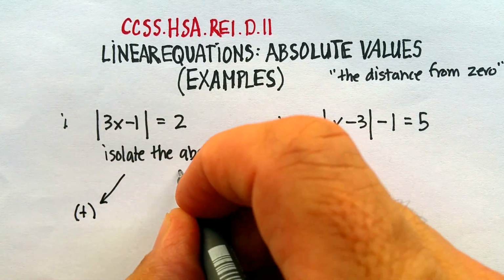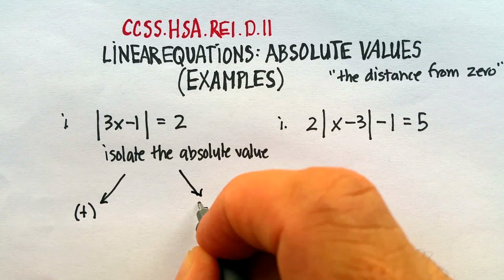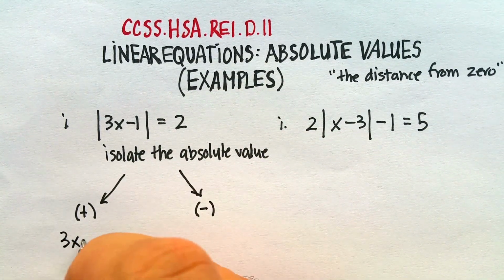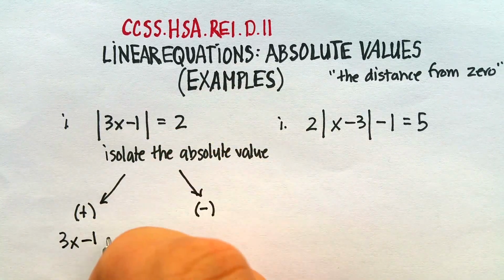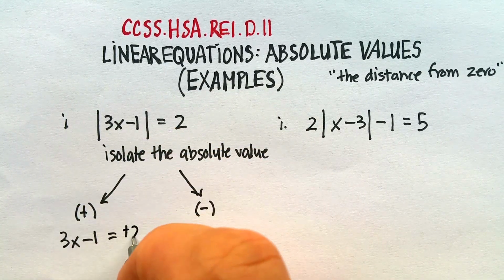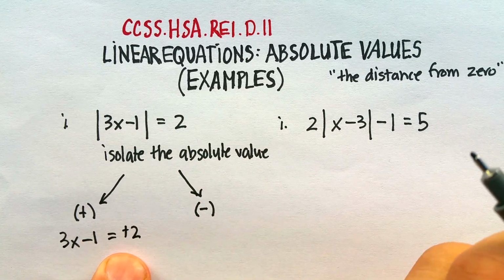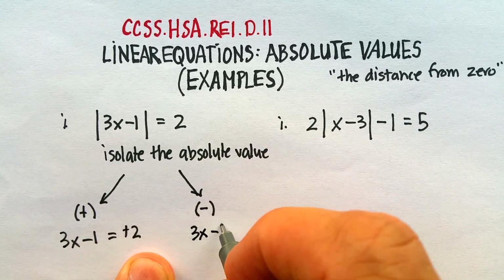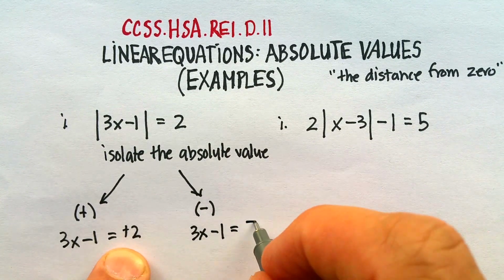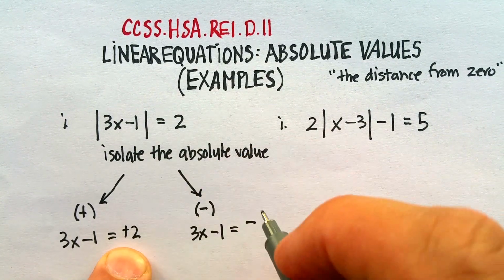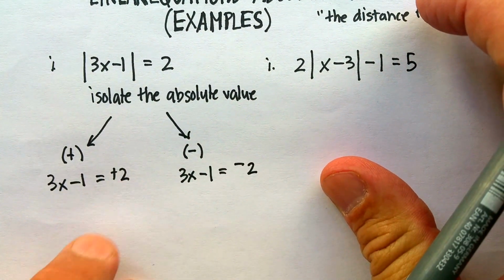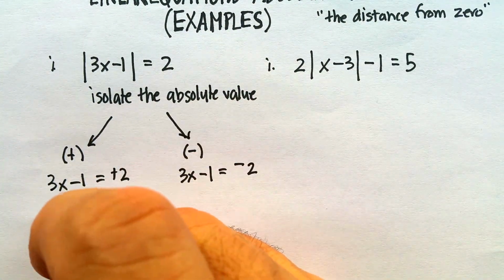So here's the positive case, and here's the negative case. The positive case would say 3x minus 1, because it's isolated, is equal to a positive whatever's on this side. So we have a 2. On this one, you would say 3x minus 1 would be equal to the negative of whatever's on this side, and that would be negative 2. And then you would solve these individually.